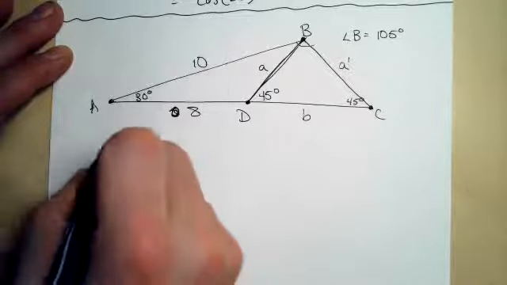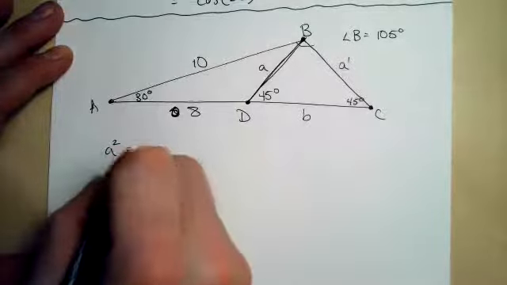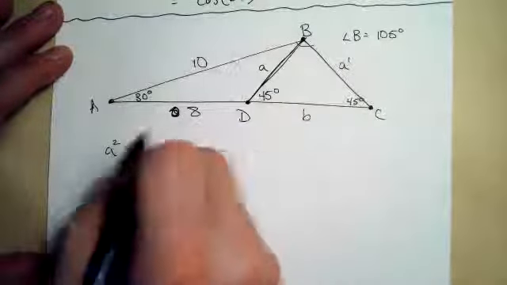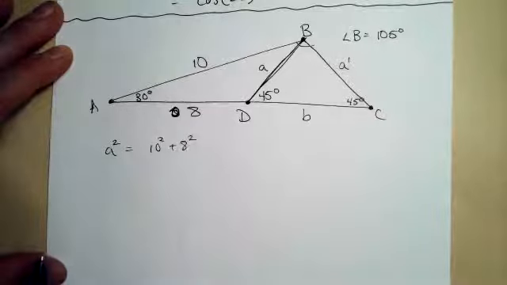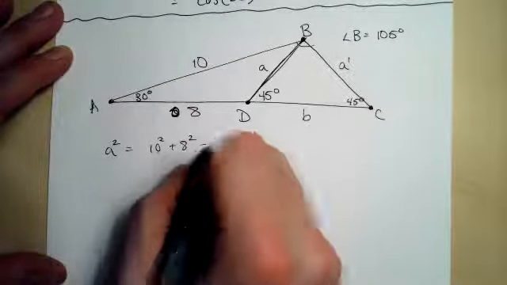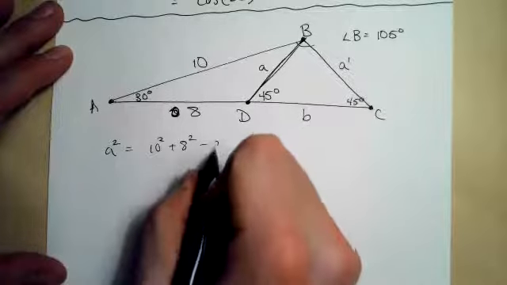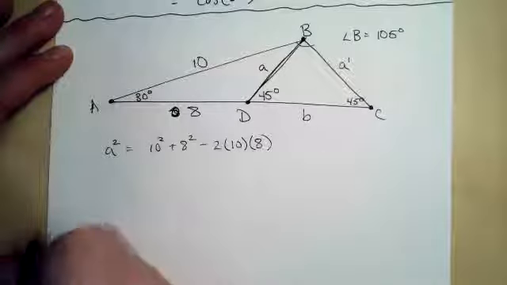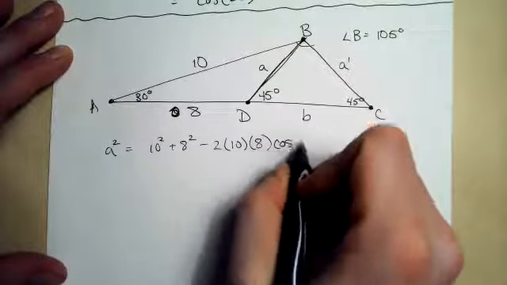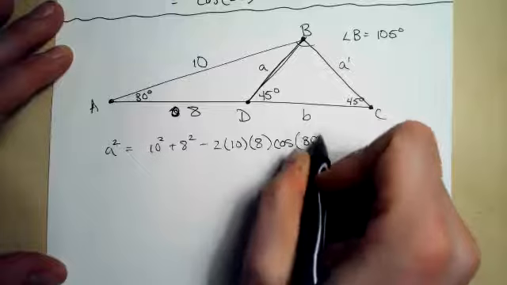So we'll start with A squared on the left, and that's going to be equal to 10 squared plus 8 squared, the sum of squares of the other 2 sides, minus the correction term: 2 times the product of the sides times cosine of the angle.